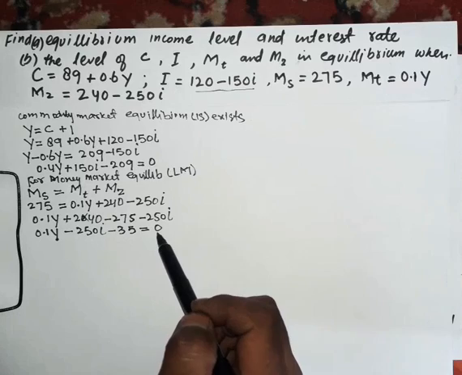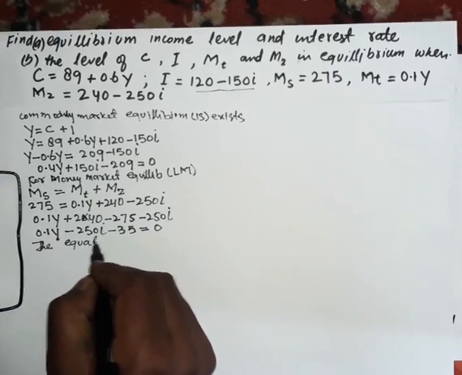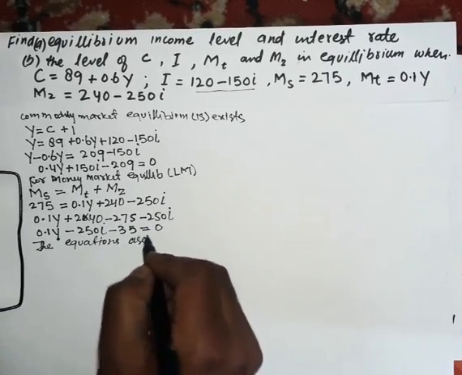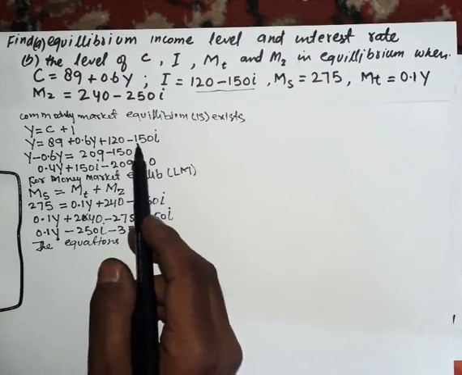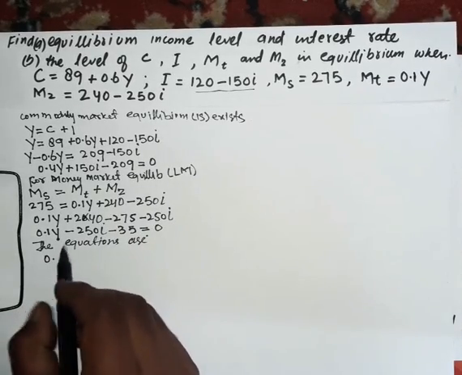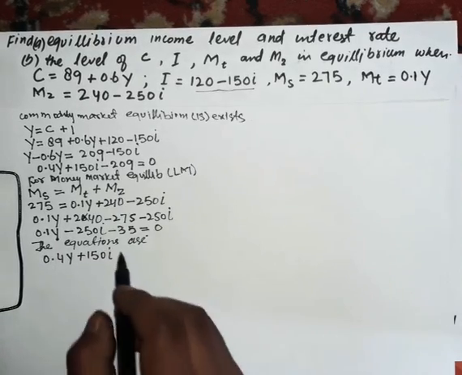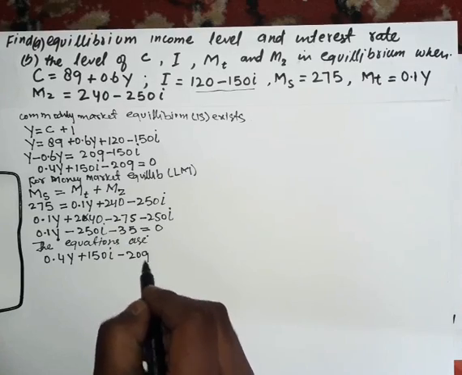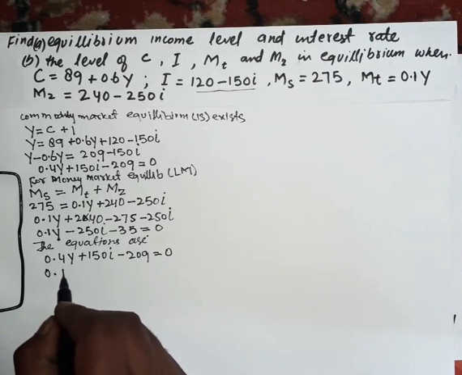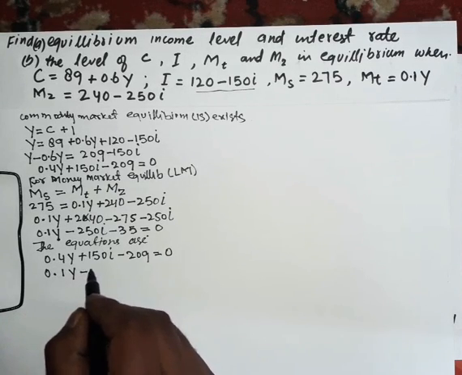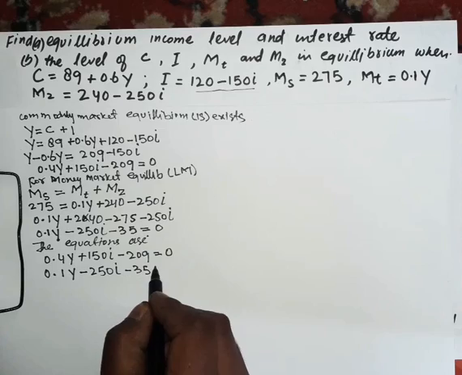Now solving these two equations. The first equation is the IS equation, the commodity market equilibrium equation, that is 0.4 Y plus 150 I minus 209 equals 0, and the other equation is 0.1 Y minus 250 I minus 35 equals 0.